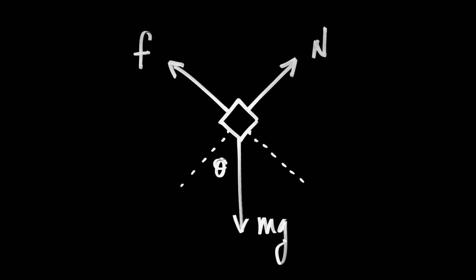The weight vector has a component that points perpendicular to, and apparently into, the incline. The weight vector has a component that points parallel to and apparently down the incline. But I'm not going to be able to draw those components or to determine what those components are unless I can figure out what angle I'm going to use. What is the angle between the weight vector and either one of those coordinate directions? I don't know, but I can find out.